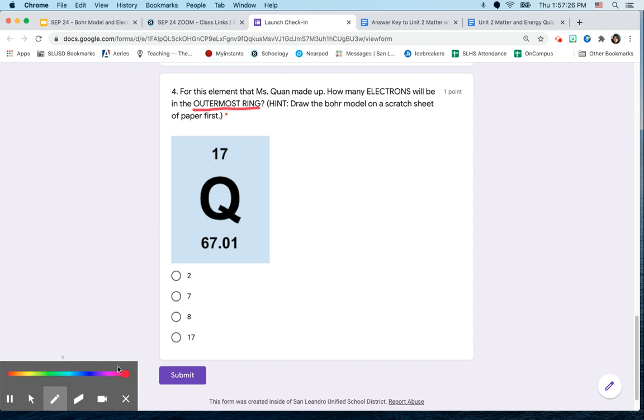And before I do, there are a couple things I need to remember. One of the things I need to remember from lesson 3.4 Nearpod is that this number is the number of electrons, as mentioned earlier in the video. And I also need to remember that each ring or energy level or shell in an atom can only fit a certain number of electrons.